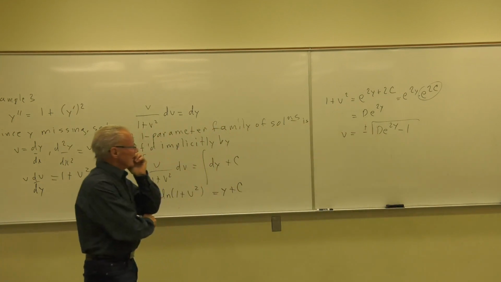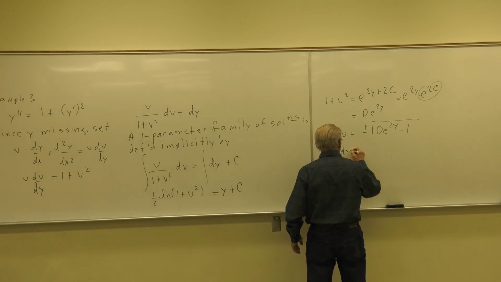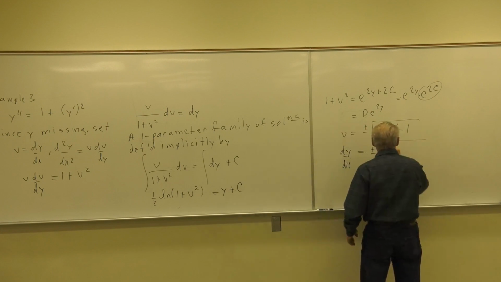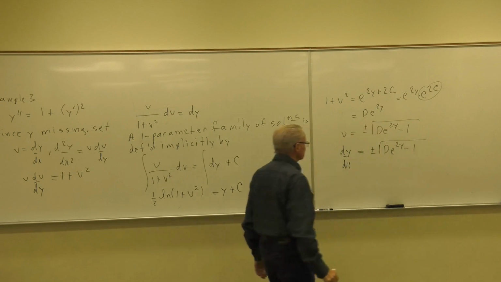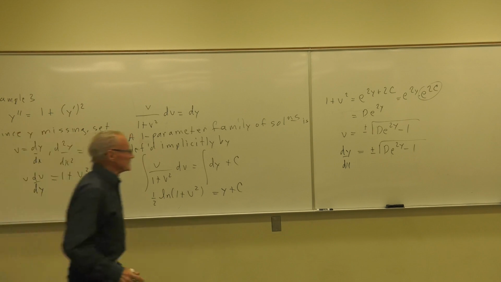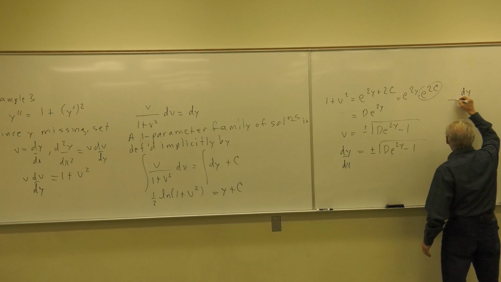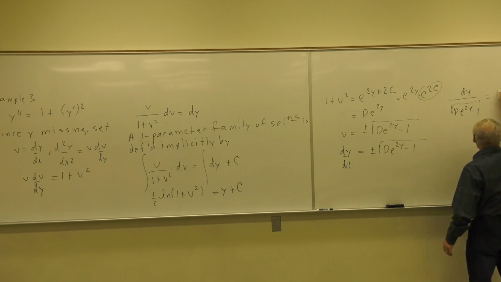How does that look? What was v? dy dx. So dy dx is plus or minus the square root of d e to the 2y minus 1. Separate: dy over the square root of d e to the 2y minus 1 is equal to plus or minus dx.